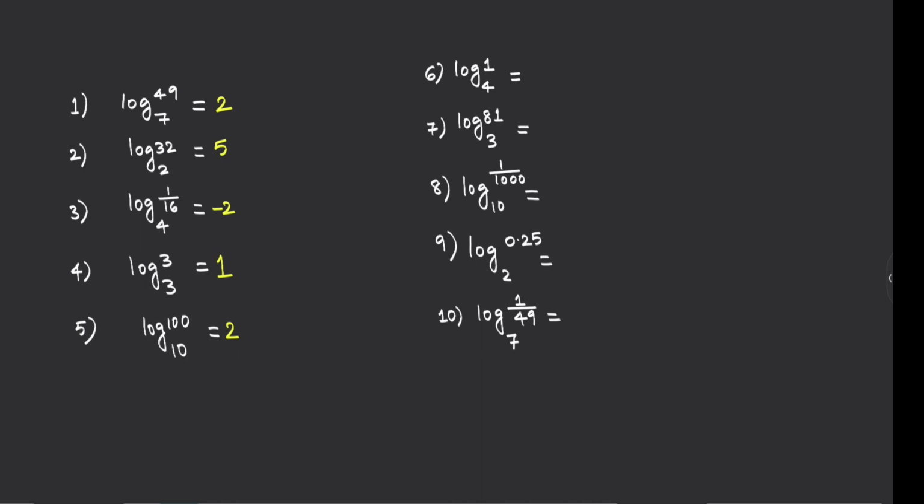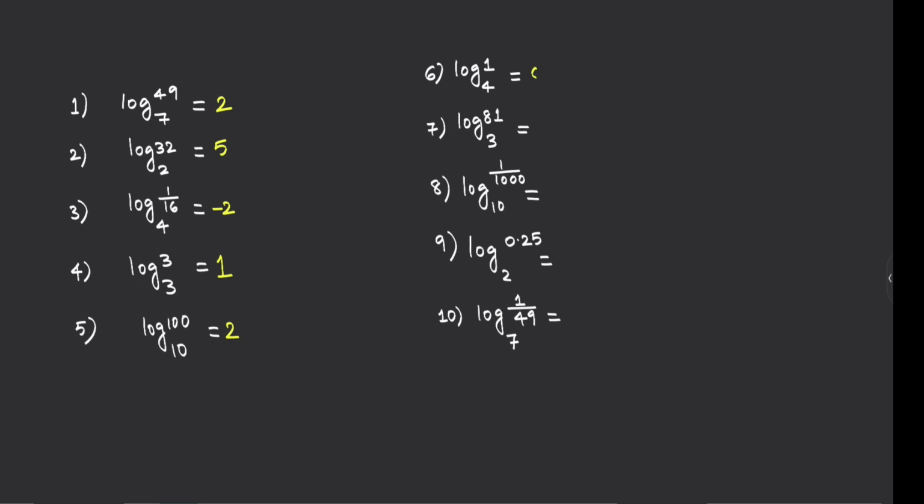Sixth one, how many times 4 should be raised to get 1? You have to know the exponential form. 4 to the power of what should be written here to get 1? 4 to the power of 0 should be written, because any number to the power of 0 is 1.